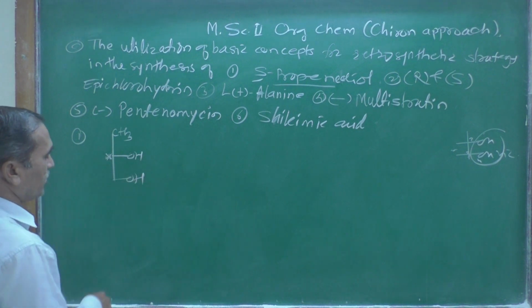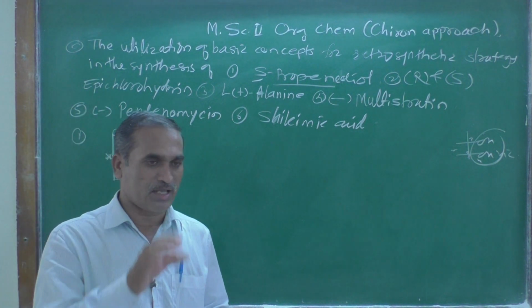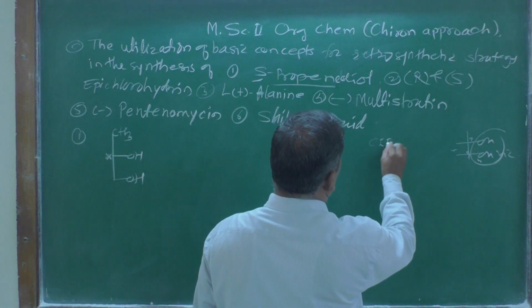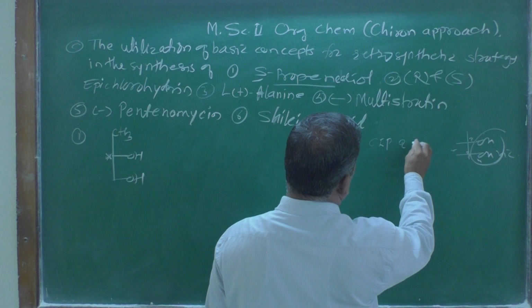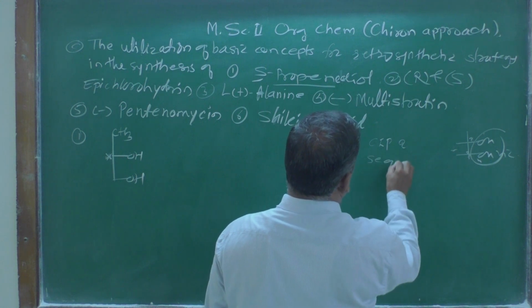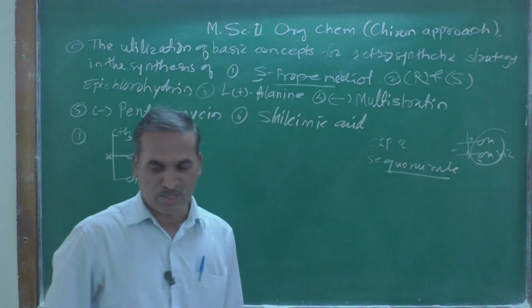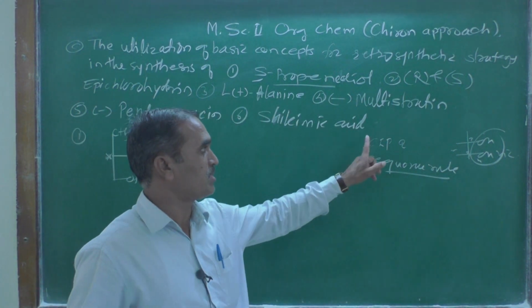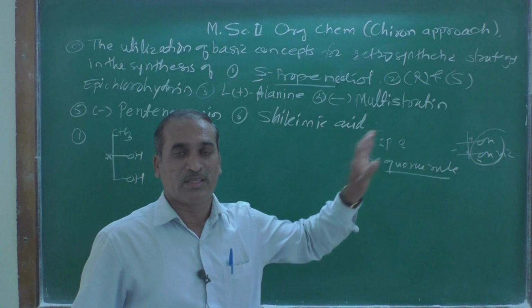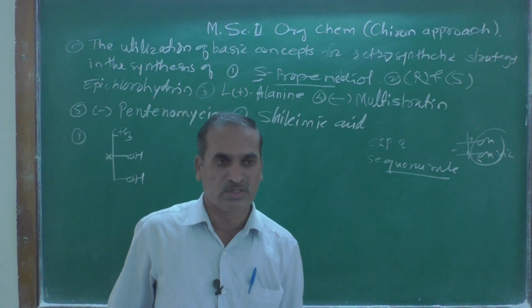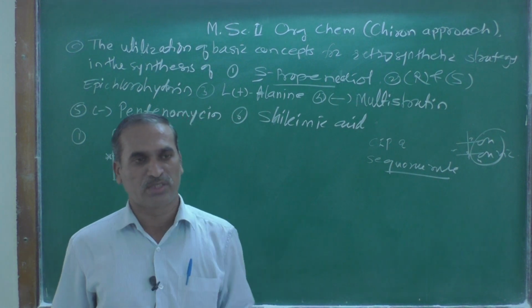As we know, there is a rule for this, known as the CIP rule or sequence rule. CIP means Cahn, Ingold, Prelog. They are the scientists' names. They have given certain rules, there are 5 rules.